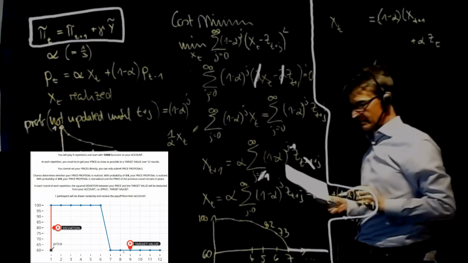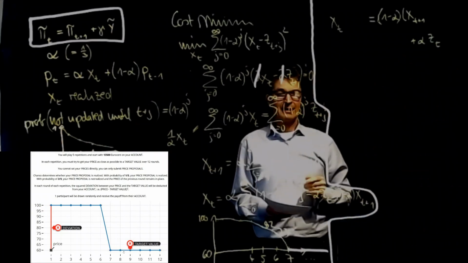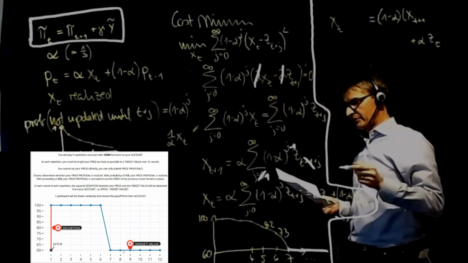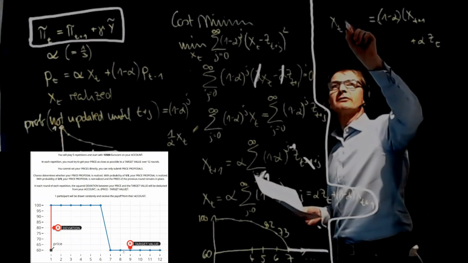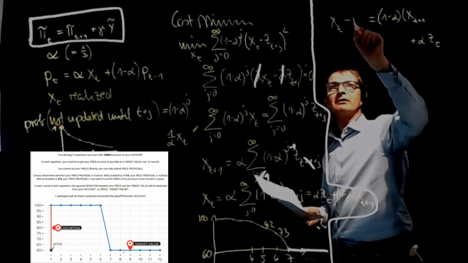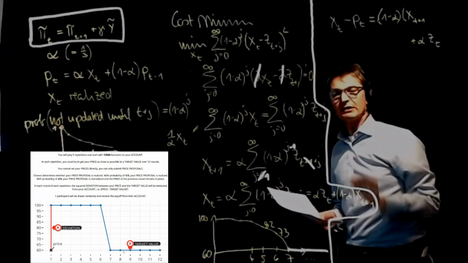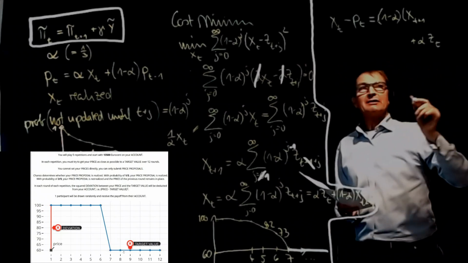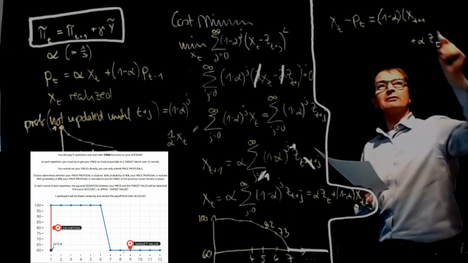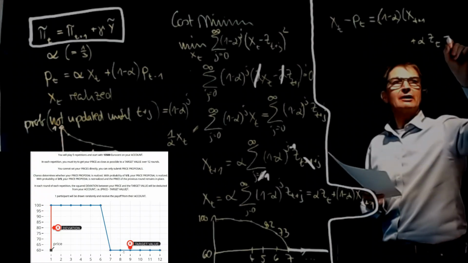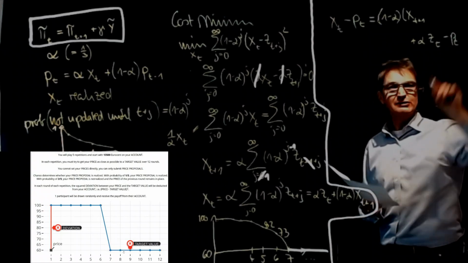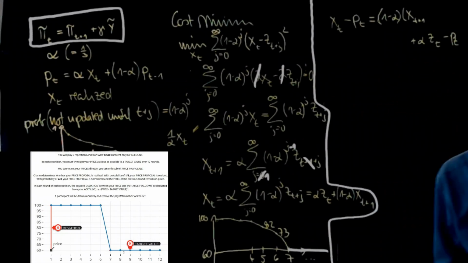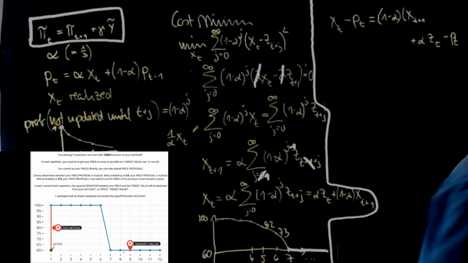Okay? So this is what we have. Now I simply expand this by subtracting the current price level, P_t here. And in order to have this adequate, I am subtracting the current price level here. I hope that is still all visible. Yes.